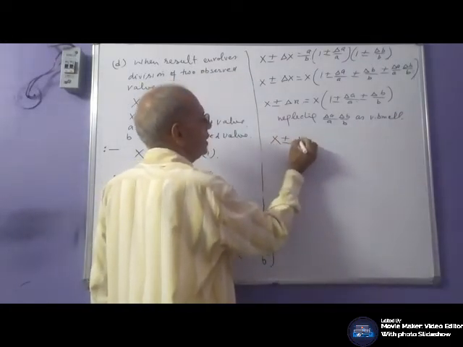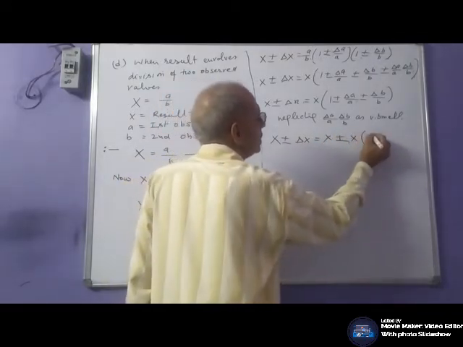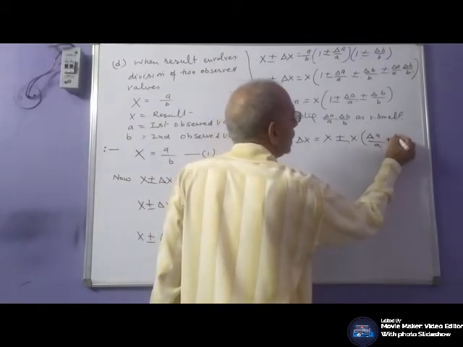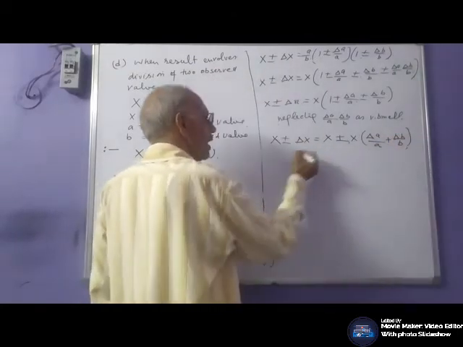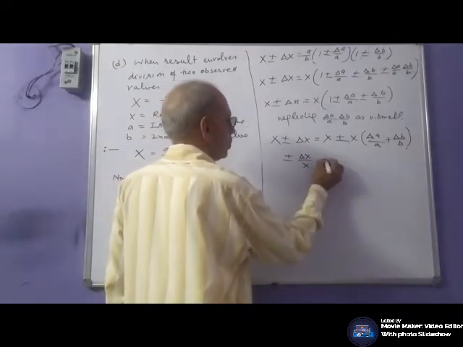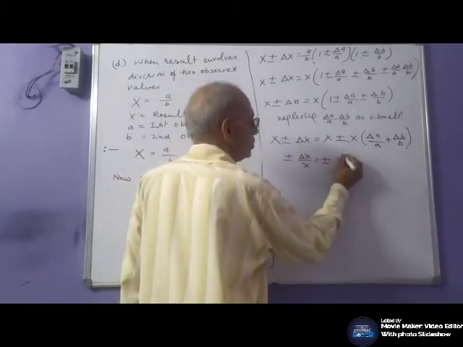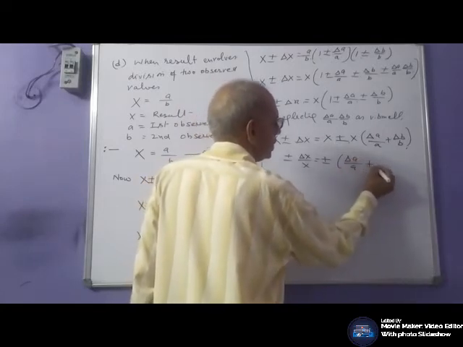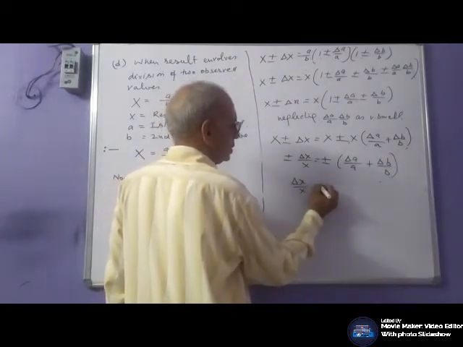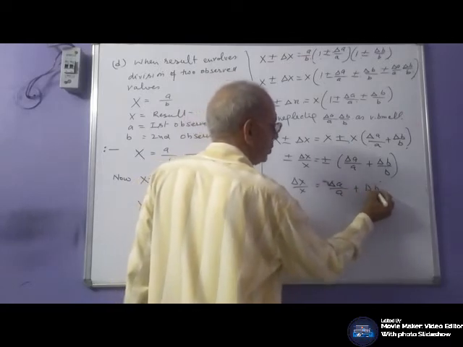So x plus minus delta x, x outside, x goes with this, x plus minus delta x by x. X goes with this, take x this side. Delta x by x is equal to plus minus delta a by a plus delta b by b. Or delta x by x is delta a by a plus delta b by b.